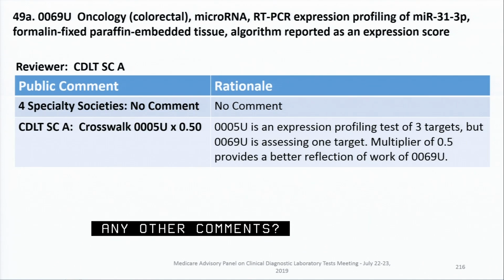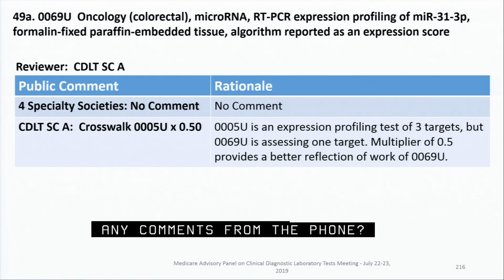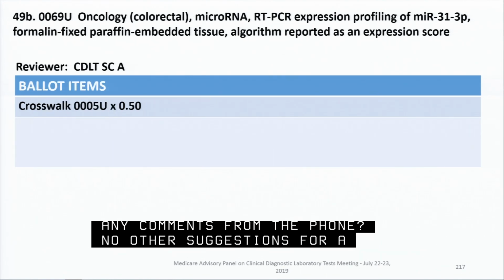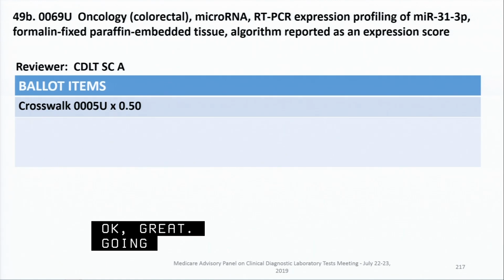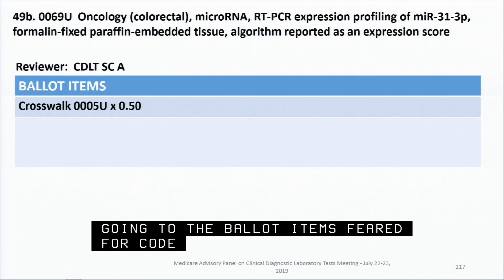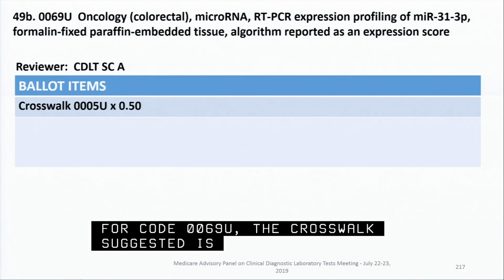All right, and no other suggestions for a different multiplier? Okay, great. We're going to the ballot items. So for code 0069U, the crosswalk that has been suggested is 0005U times 0.50. So please submit your votes.